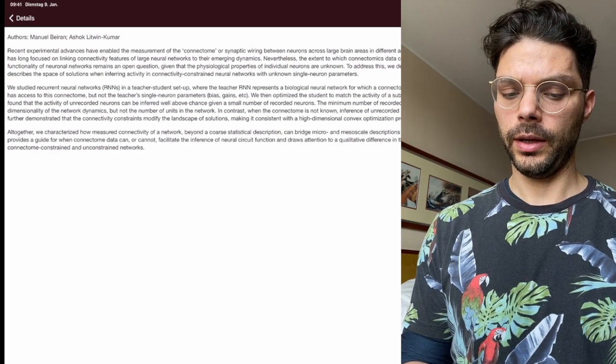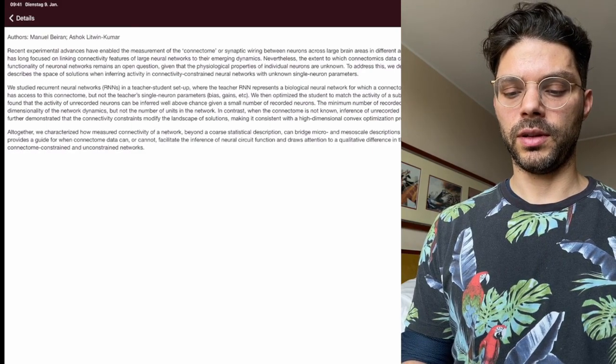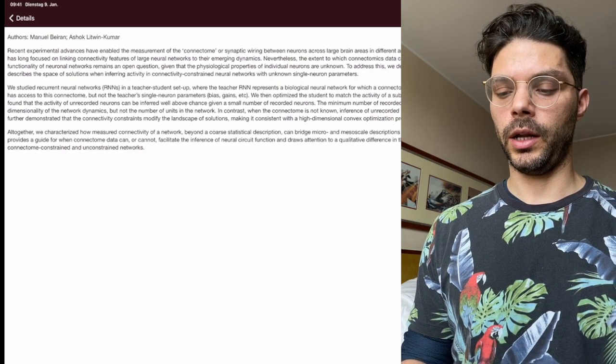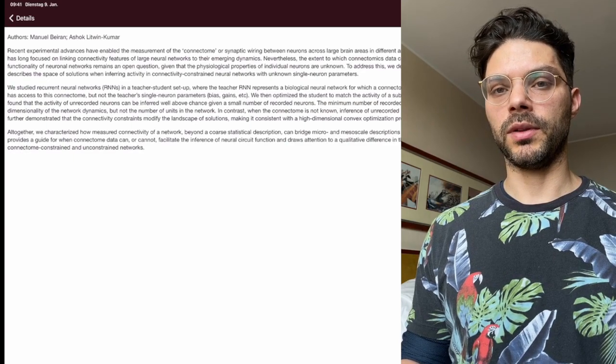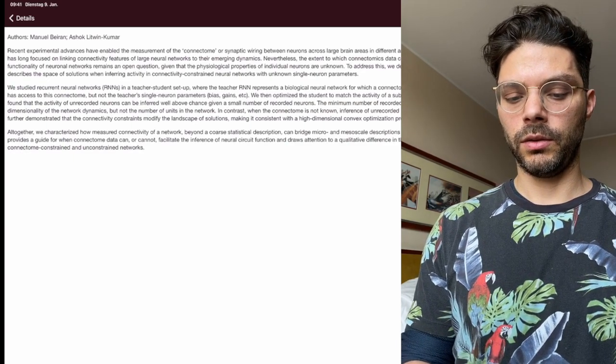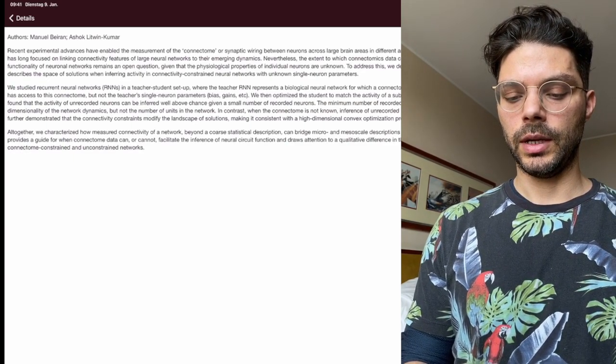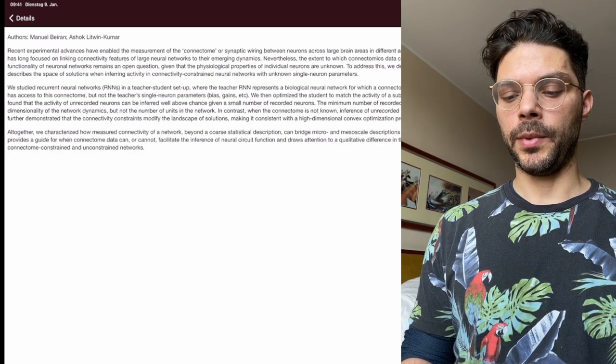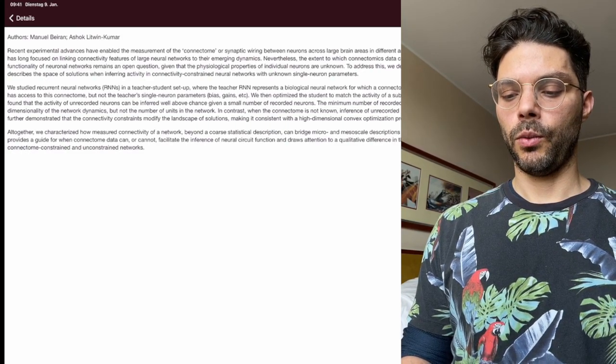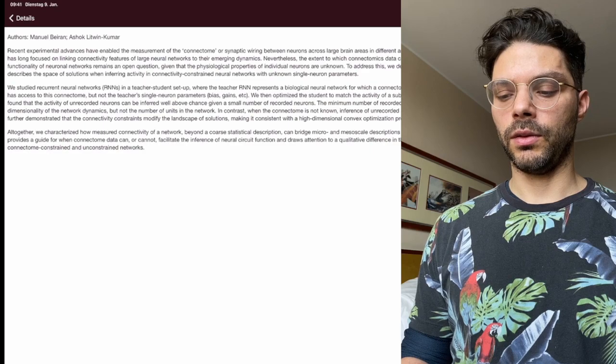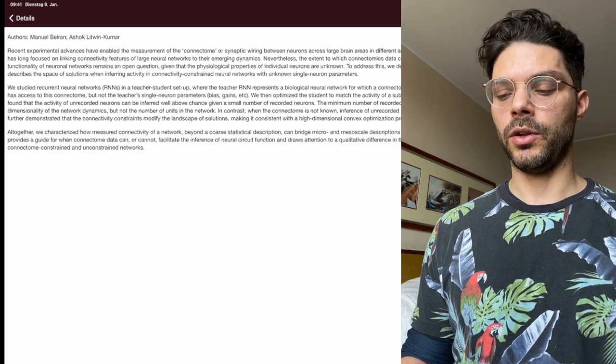We study recurrent neural networks in a teacher-student setup where the teacher RNN represents a biological neural network for which a connectome is available. The student has access to this connectome, but not the teacher's single neuron parameters. We then optimized the student to match the activity of a subsample of teacher neurons.